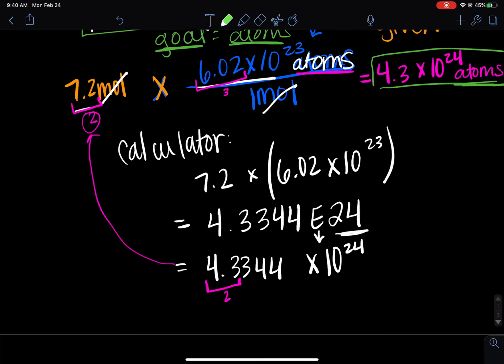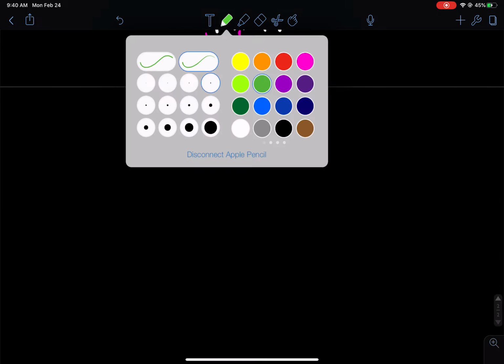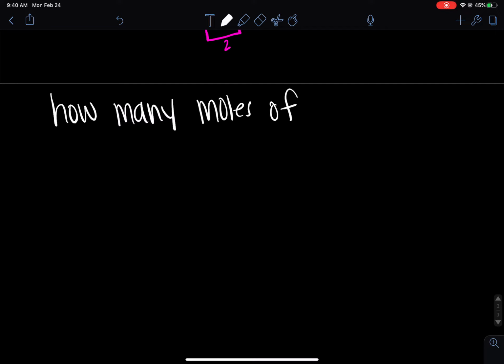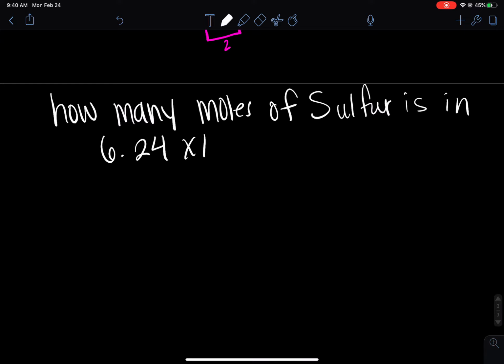Okay, so let's work another problem. What if it says how many moles of sulfur is in 6.24 times 10 to the 25th atoms of sulfur.